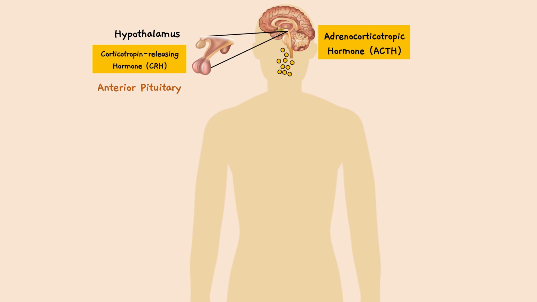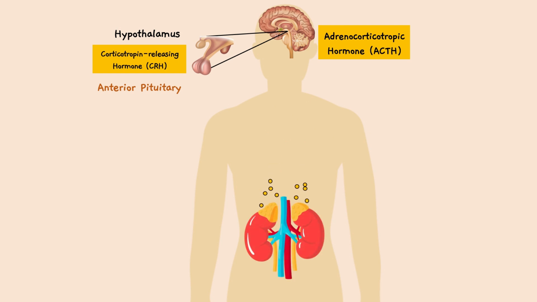This hormone then acts on the target cells of adrenal cortex and stimulates cells of all 3 zones to secrete their respective hormones. You can also find a detailed video on adrenocorticotropic hormone on sqadia.com.